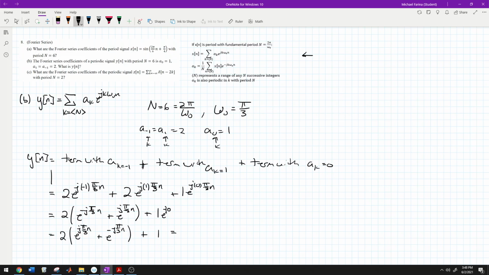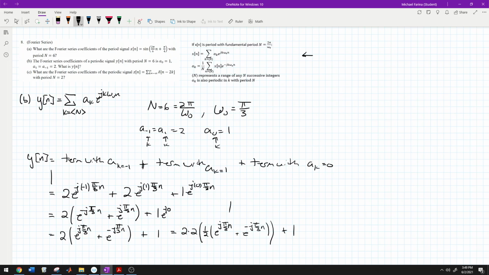And if we multiply the outside by 2, so we have 2 times 2, and then we multiply the inside by 1/2, we'll have e to the j pi over 3 times n plus e to the negative j pi over 3 times n, plus 1.